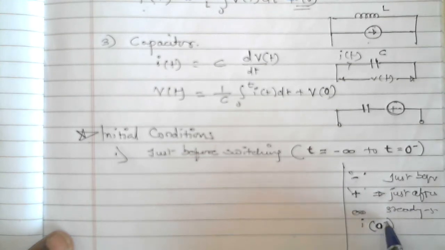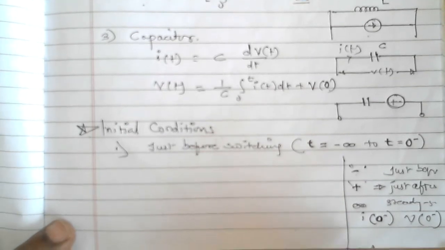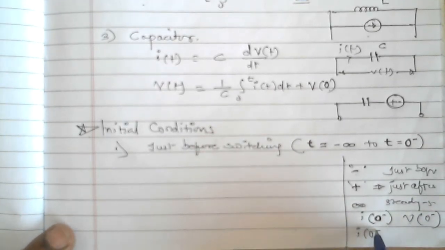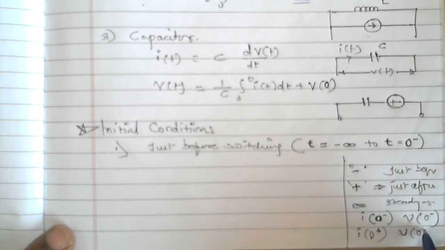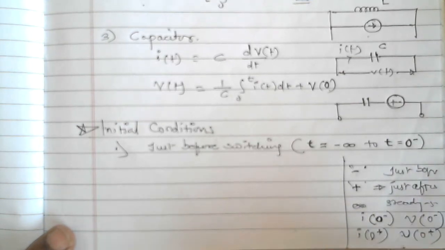Voltage can be written as v(0 minus), voltage just before switching. If just after switching, I will write current as i(0 plus), and voltage just after switching is v(0 plus).